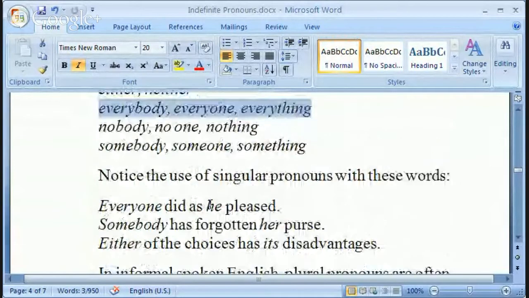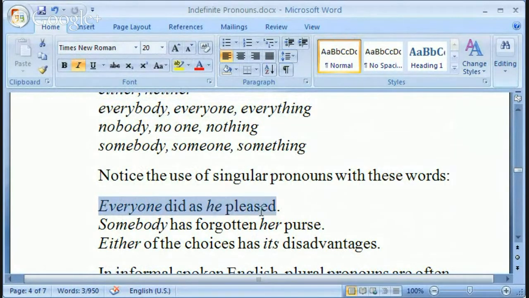Notice also this kind of a strange aspect of these singular indefinite pronouns. It is possible to use other regular pronouns. For example, everyone did as he pleased. Somebody has forgotten her purse. Well, sometimes it's obvious that the somebody probably is a woman.